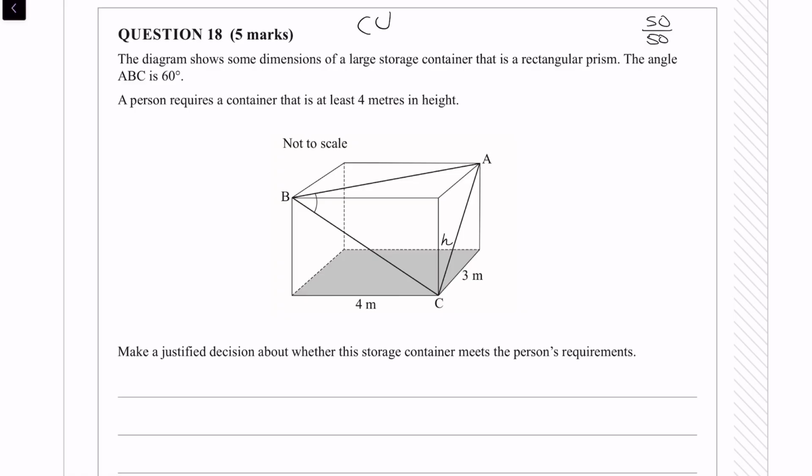The angle ABC is 60 degrees. So let's put that down immediately. A person requires a container that is at least 4 meters in height. Okay, so I've already written a lowercase h there, but that has to be at least 4 meters in height. Those are the conditions. Make a justified decision about whether this storage container meets the person's requirements.